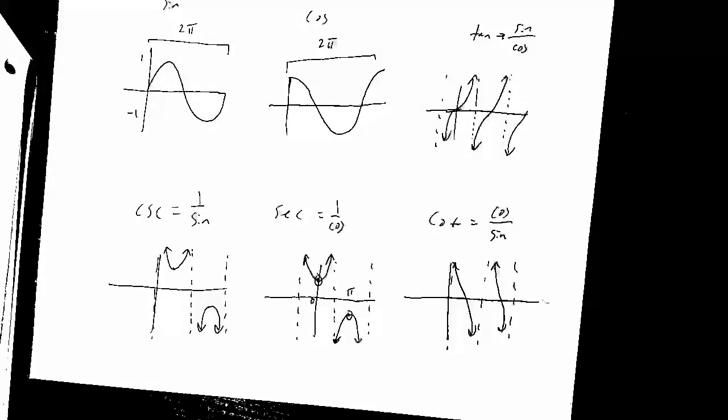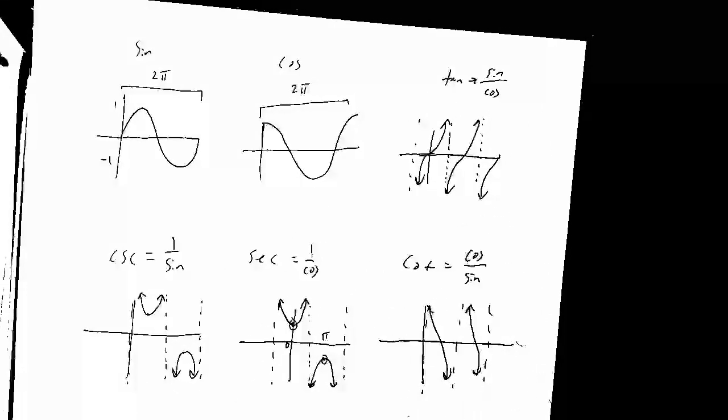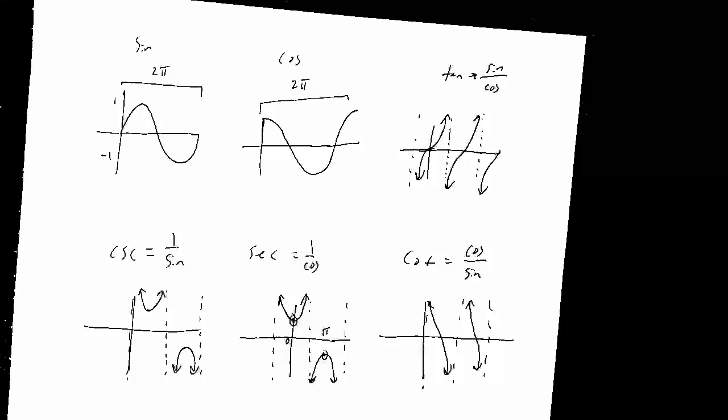Secant and cosecant are the same shape, just in a different position. Tangent and cotangent are also very similarly shaped, just the position is a bit different and the direction is different. So these are the parent trig functions: sine, cosine, tangent, cosecant, secant, and cotangent. If you have this down, it's really not too bad to do the transformations. So that's what we'll do next.